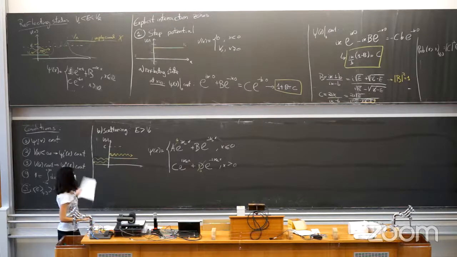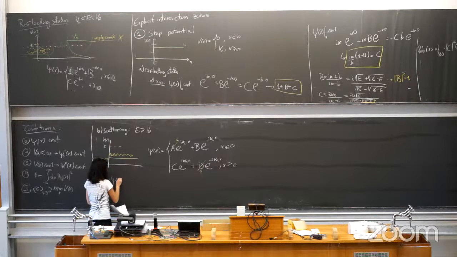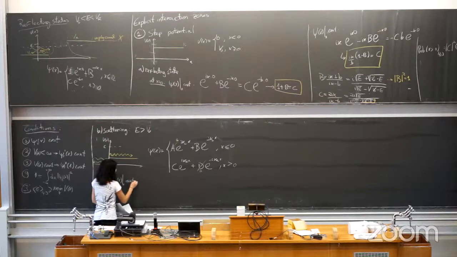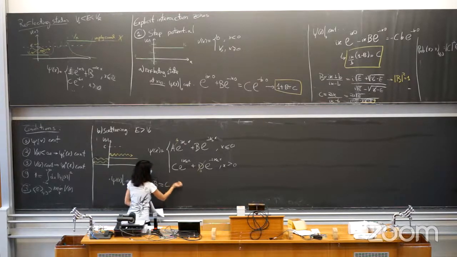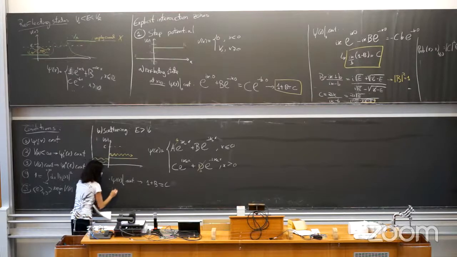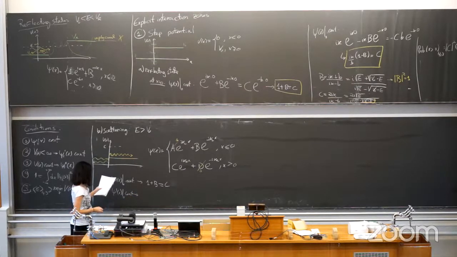And now we have again two continuity conditions, so we just do it. So f of x at 0 must be continuous. From here, I'll just replace x with 0, so we get 1 plus b equals c. We don't have d. And if the first derivative at 0 is also continuous, then we get, now all the i's cancel out.